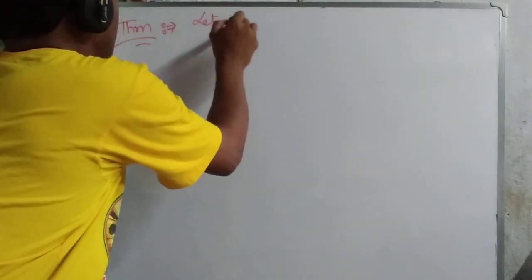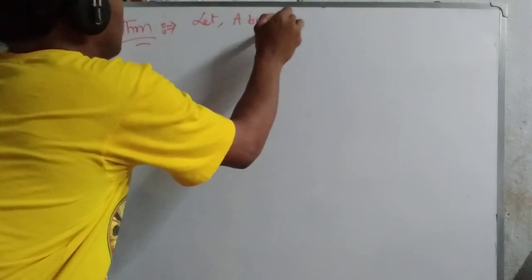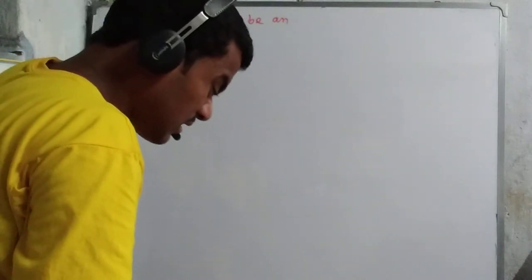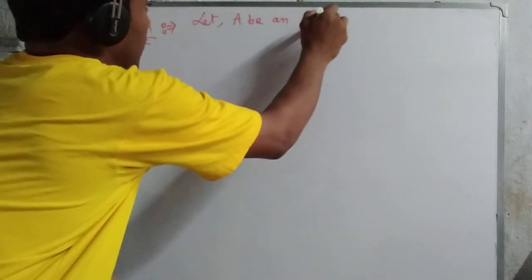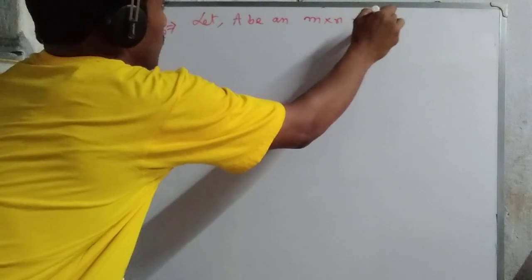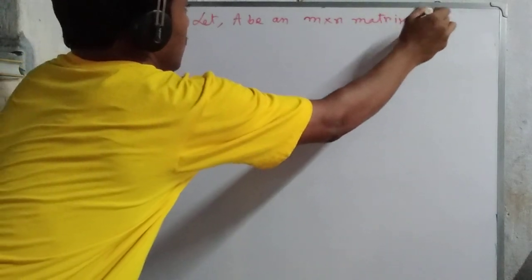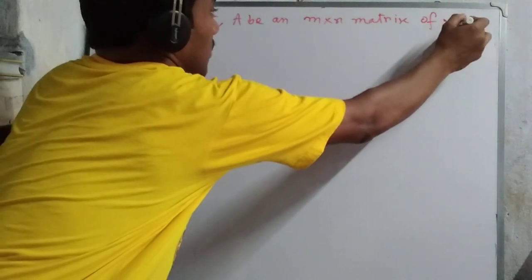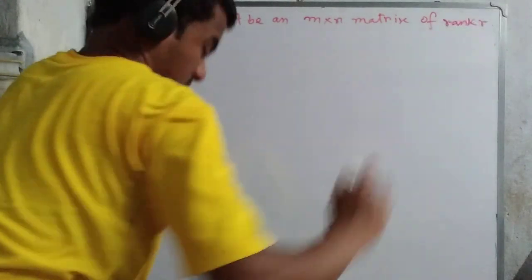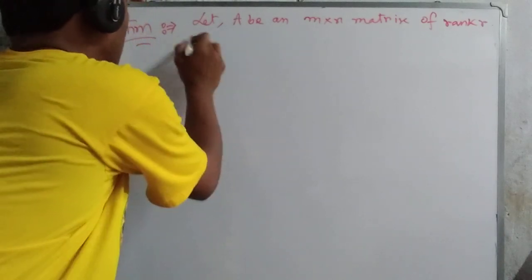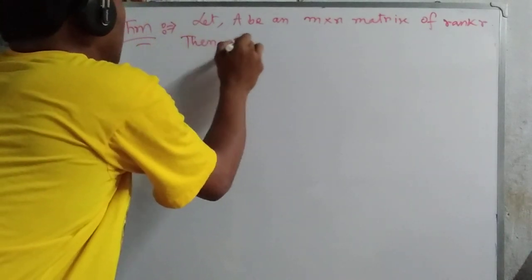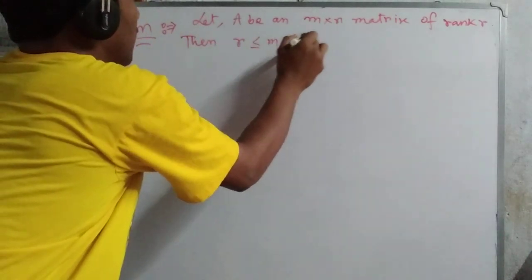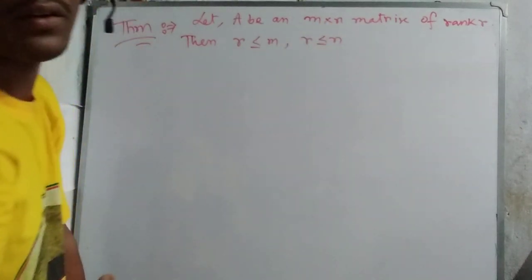Here, let A be an m cross n matrix of rank r. Then r is less than or equal to m and r is less than or equal to n.